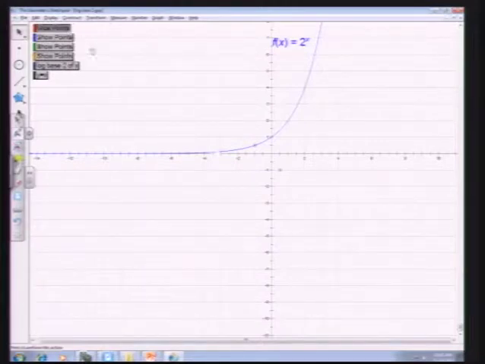So, as we look at a point on f of x equals 2 to the x, that point is negative 1, 1/2. Its counterpoint will be on our logarithmic function, x equals 1/2, y equals negative 1. A second set of points, remember our old standby on exponential functions, 0, 1, on logarithmic functions will become 1, 0.